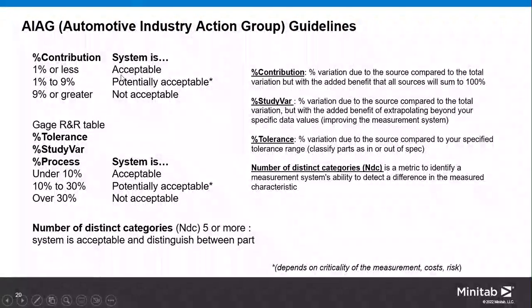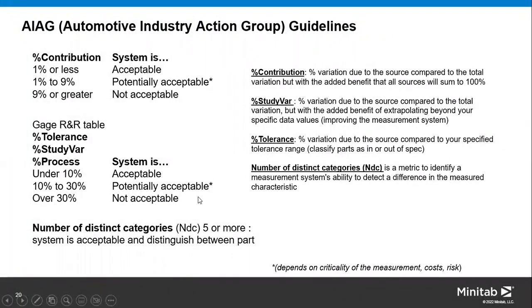Or if you don't want to use the percentage contribution, maybe you want to use other metrics like percentage tolerance, your standard deviation, and your process. Under 10% is acceptable, 10 to 30% is potentially acceptable, and over 30% is not acceptable. And then we look at another measurement, which we call NDC.